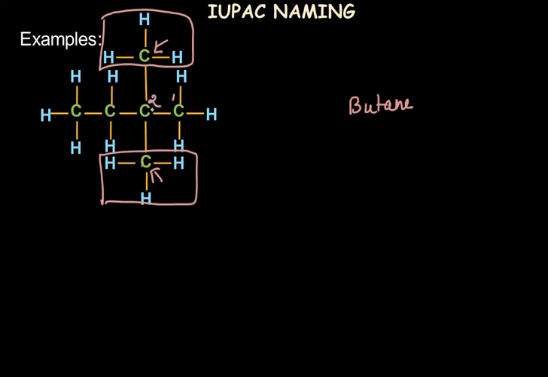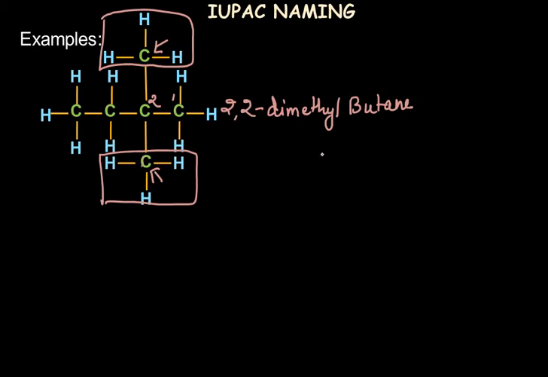So the second carbon atom carries both methyl groups. Since both substituent groups carry the number 2, we need to write the number twice, 2, 2, and then we will write dimethyl, because there are 2 methyl groups. So 2,2-dimethylbutane is the name of this organic compound.